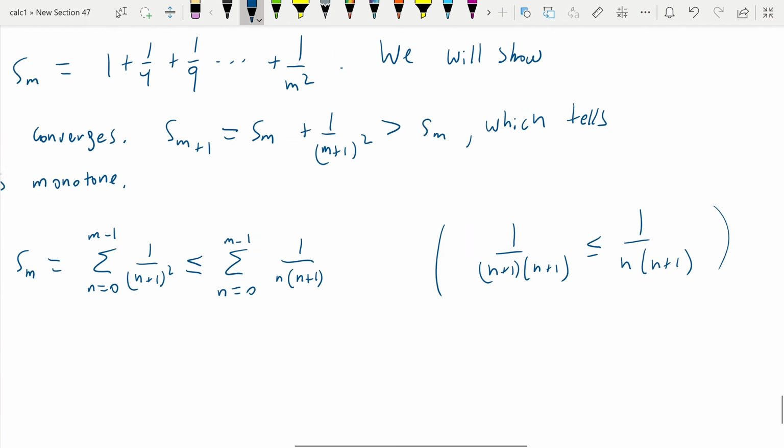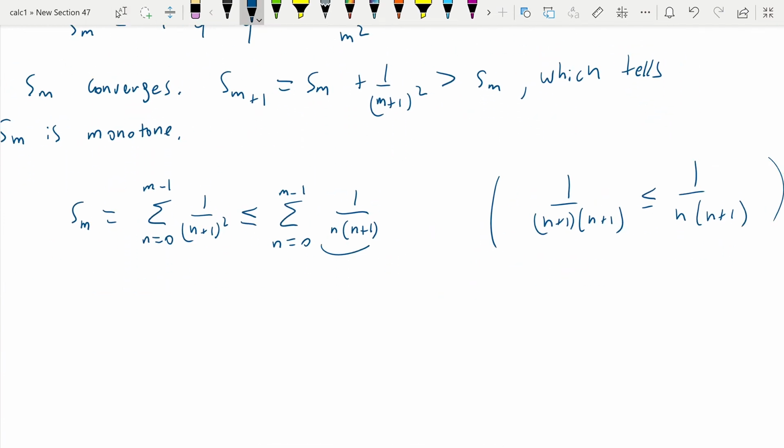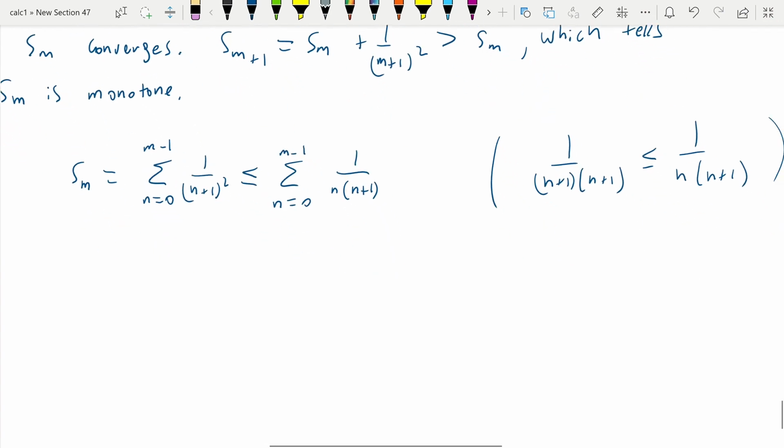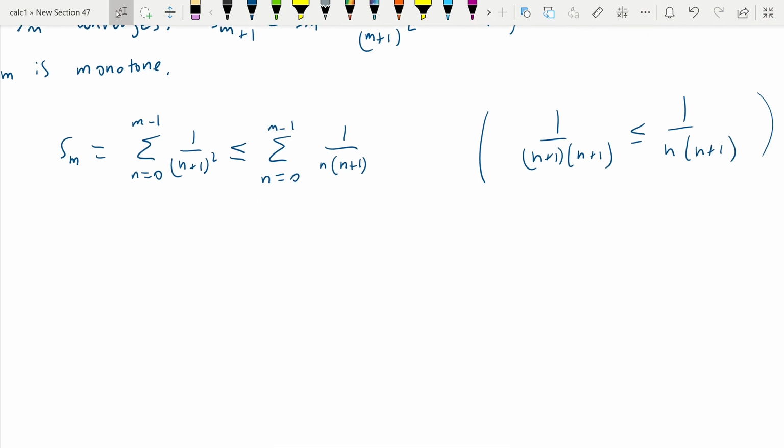So we're making the denominator smaller, so we're certainly making the whole fraction bigger. So if we are able to show that this is bounded independently of m, then we'll be done by the monotone convergence theorem.